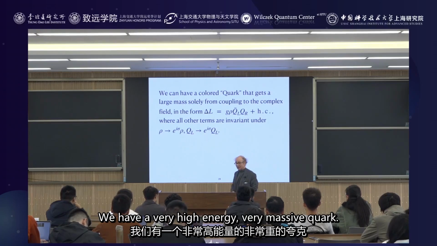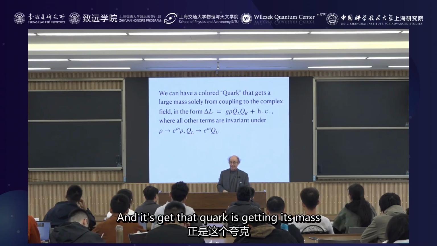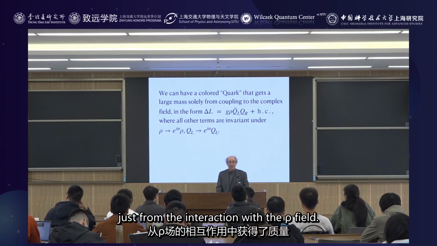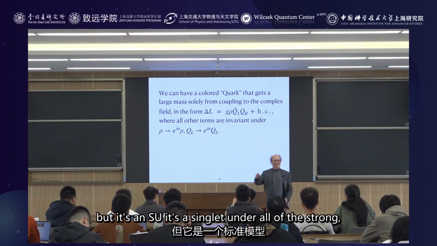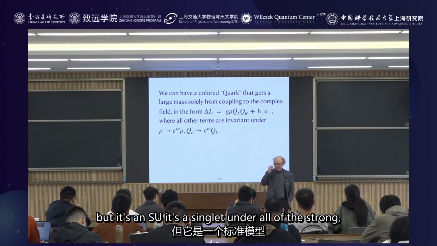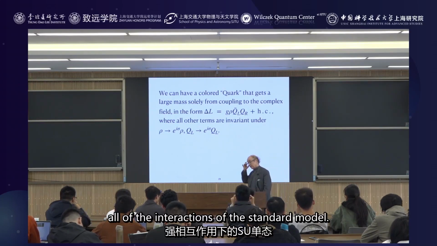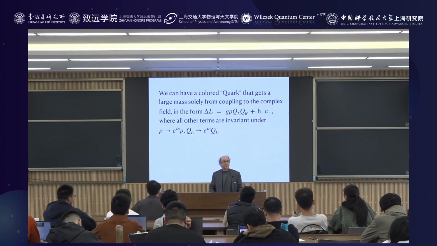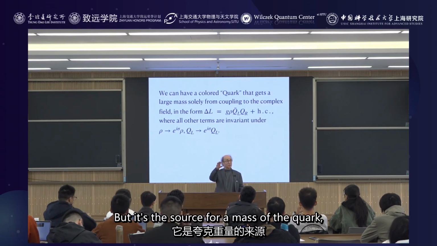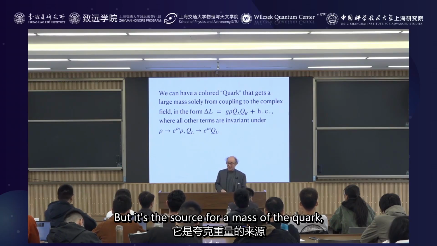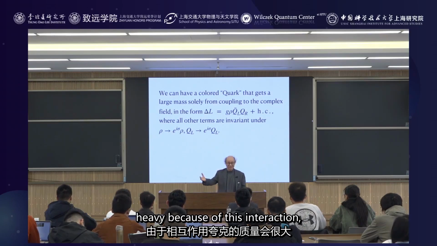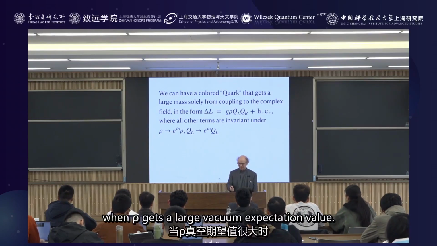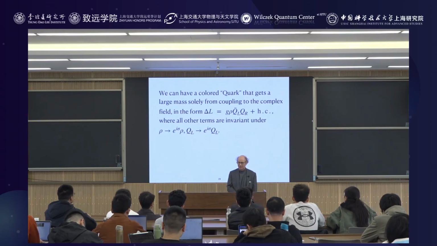So we have a very high energy, very massive quark, and that quark is getting its mass just from the interaction with the rho field. So the rho field is kind of like a Higgs particle, but it's a singlet under all the interactions of the standard model, and it's the source for the mass of a quark, heavy because of this interaction, when rho gets a large vacuum expectation value.